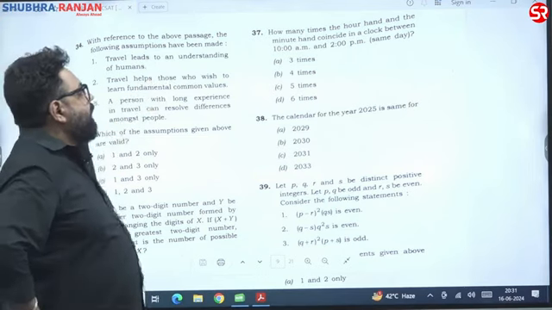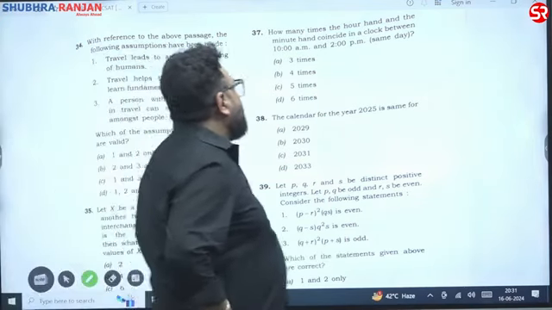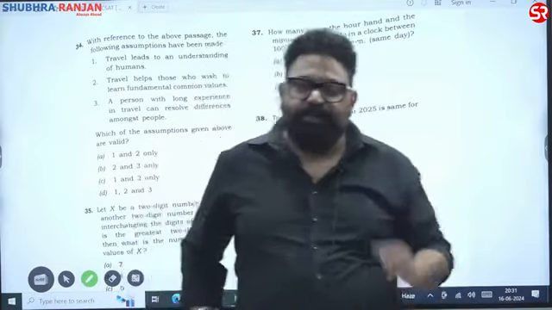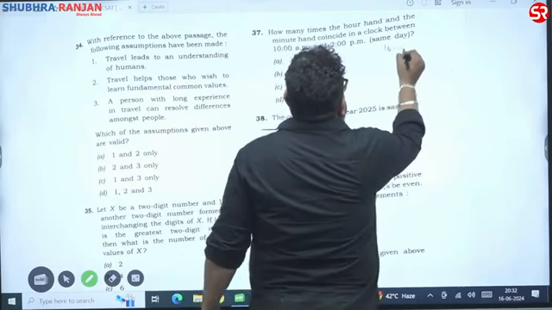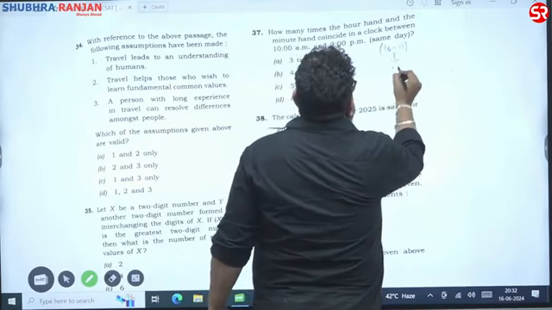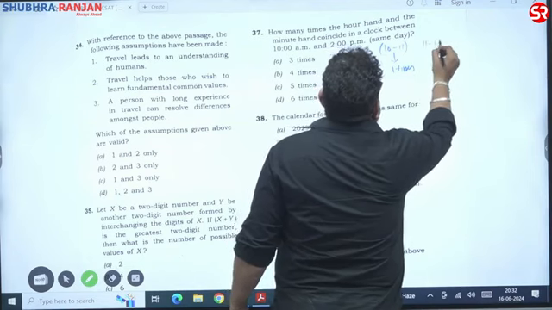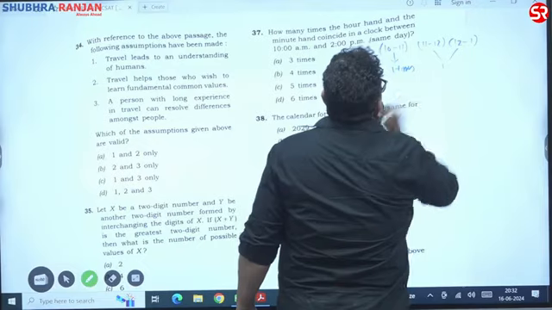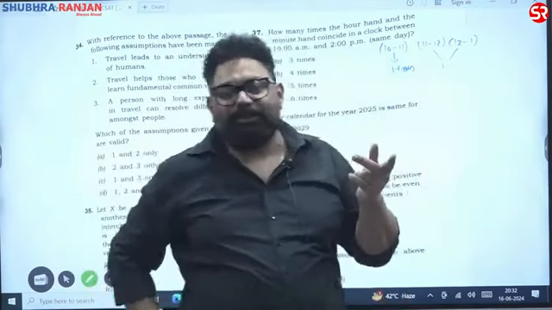How many times do the hour hand and the minute hand coincide in a clock between 10 to 2 p.m.? 10 to 2. So 10 to 11, one time. Then 11 to 12, one time, and 12 to 1, they do not meet, because it is 12 o'clock.